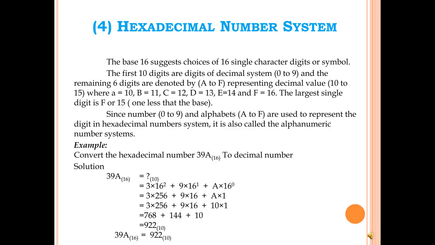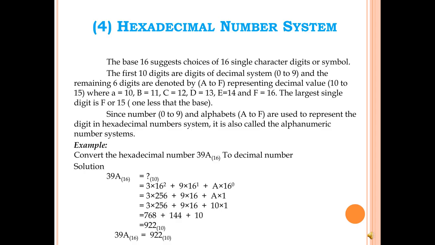When we make the calculation of this series, we get 3 multiplied 256 plus 9 multiplied 16 plus A multiplied 1. Why 1? Because as I already told you, whatever the value you have, if it has a power of 0, the answer comes to 1.